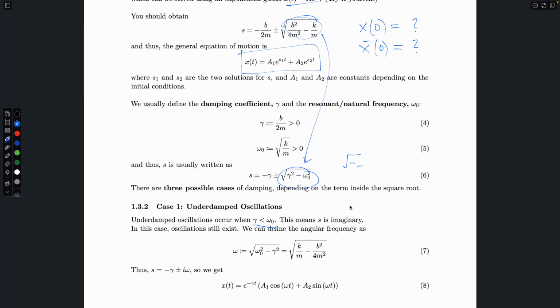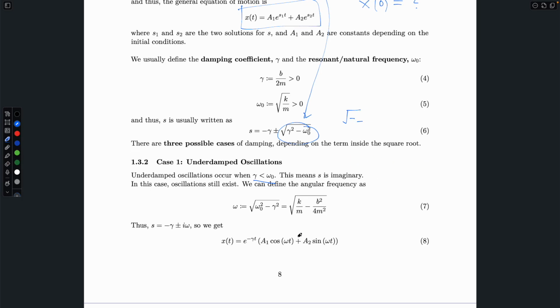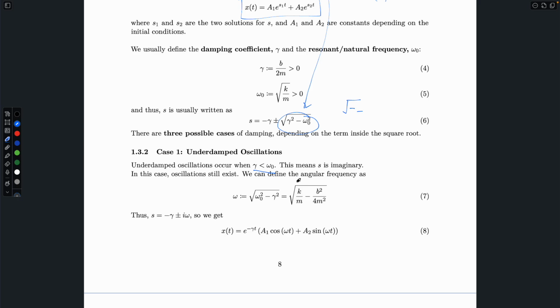Because if you know complex exponentials, for example, e to the power of i theta equals cosine theta plus i sine theta, like Euler's identity, then in general, when you see a complex exponential, it suggests that there's some sort of oscillation going on. And in this case it's true, because when you write out the final equation of motion, you get something of this form where there is both a cosine and a sine term. So this is still an oscillation.